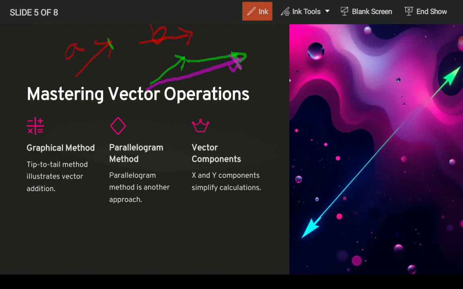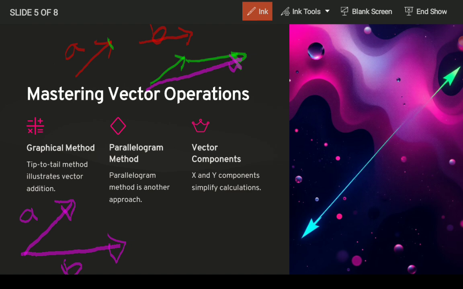Another method to add vectors is the parallelogram rule, or parallelogram method. Let's suppose that we have a vector such as this, and another vector such as this one. Let's call this vector A and this vector B, and we want to add A to B. How do we add them up?